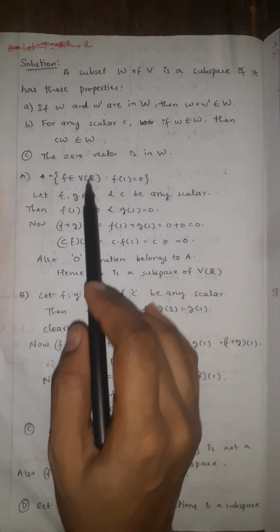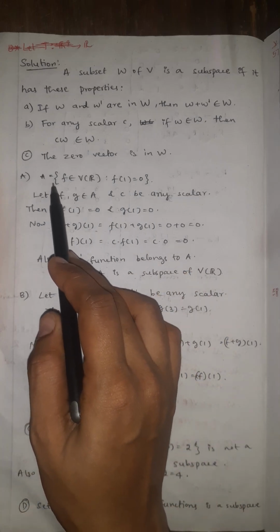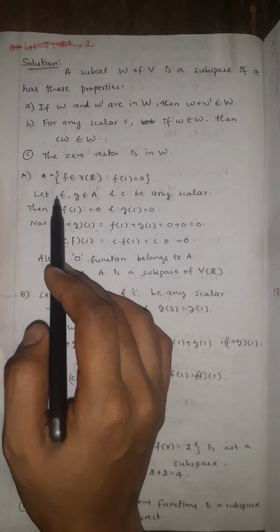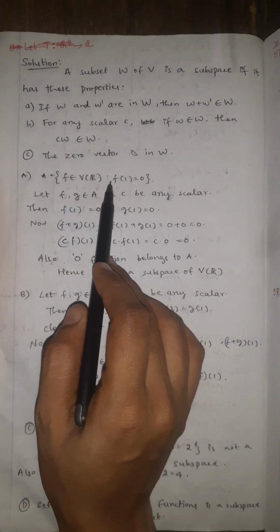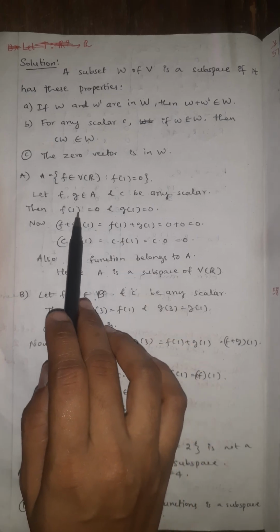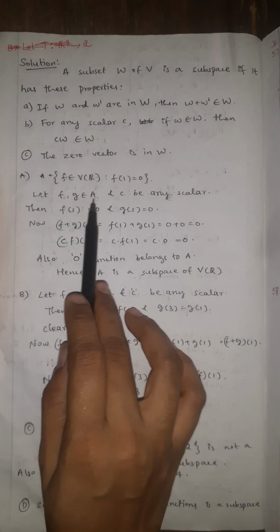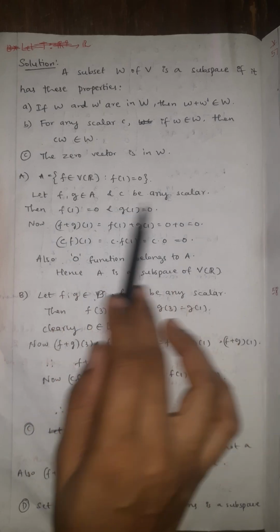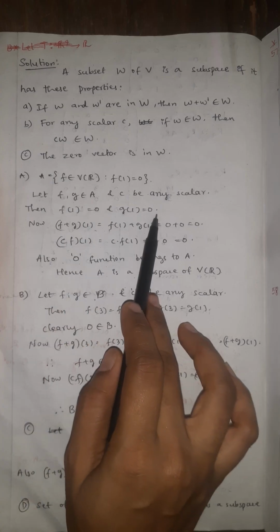Okay, so let us check the options A, B, C, D one by one. I will call the set given in option A as A. So let A be the set of all functions f such that f of 1 equal to 0. Now let us verify whether it is a subspace or not. Let us take two elements f, g belonging to A and c be any scalar. Then by the definition of the set, f of 1 equal to 0, g of 1 equal to 0.